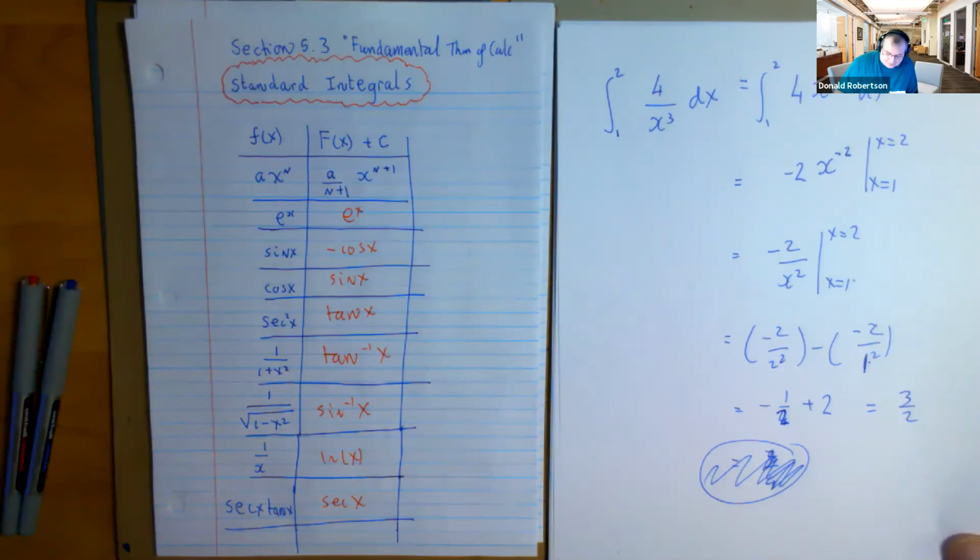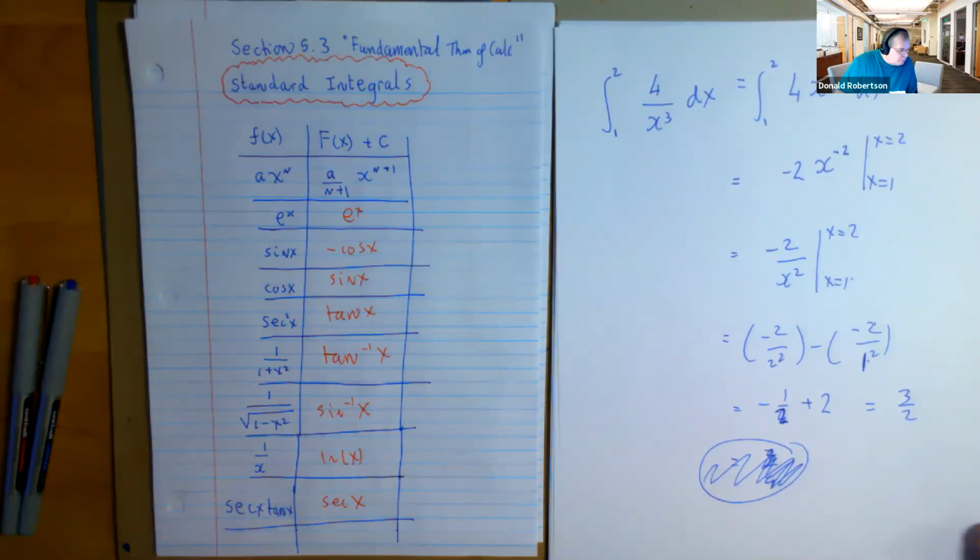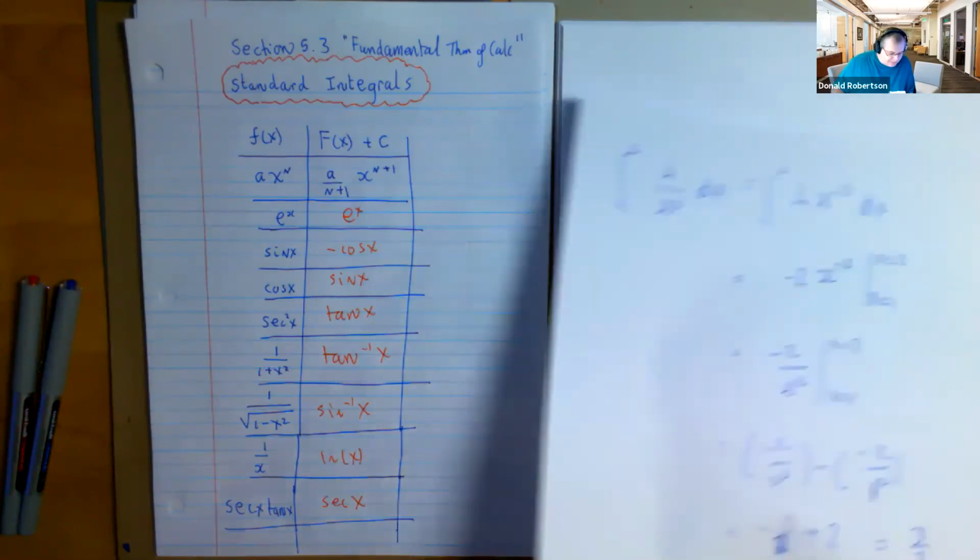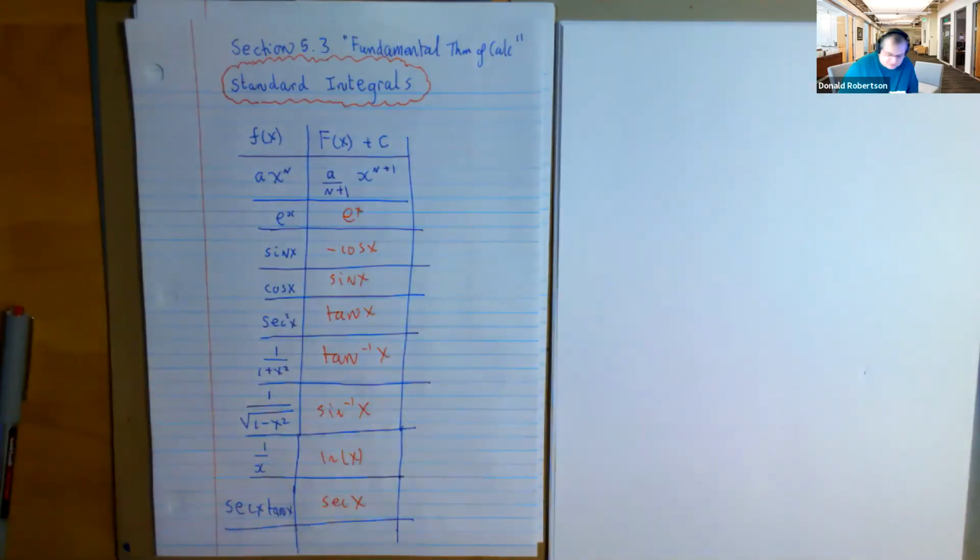3/2. So do you see that we can do 5 over x squared, 20 over x to the 10? How about this fella?